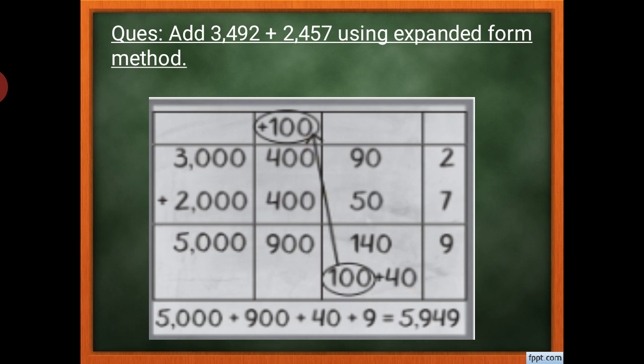Then while coming to the hundreds column, we will be adding 400 plus 400, it is equal to 800, plus 100, it becomes 900. Then 3000 plus 2000, it is 5000. Now we have the expanded form of this one, 5000 plus 900 plus 40 plus 9, and it is equal to 5949. So this is how we do the expanded form method.